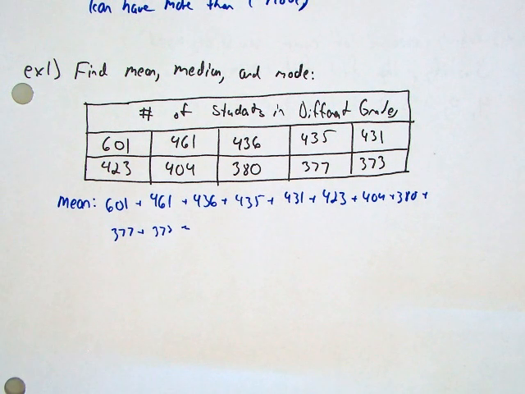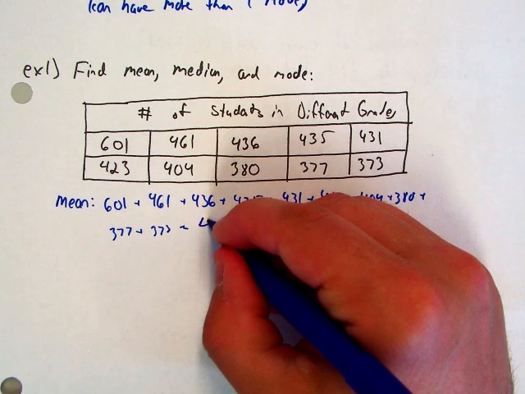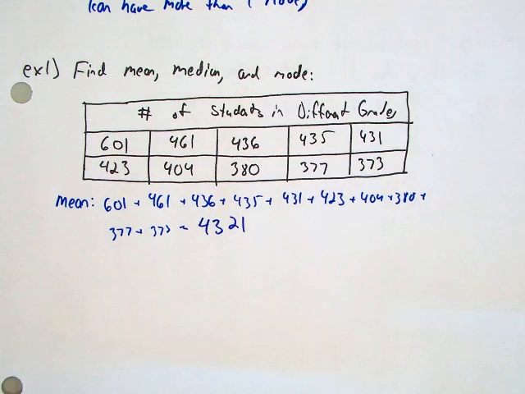Now, if I add those numbers together, I'll get a grand total of 4,321.